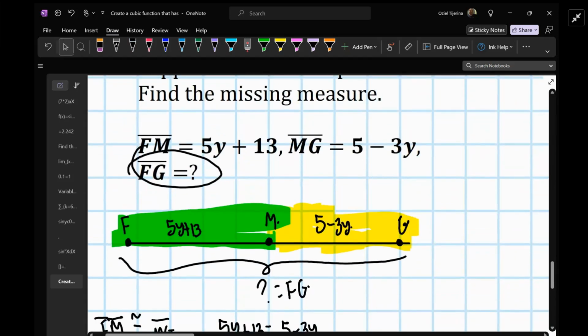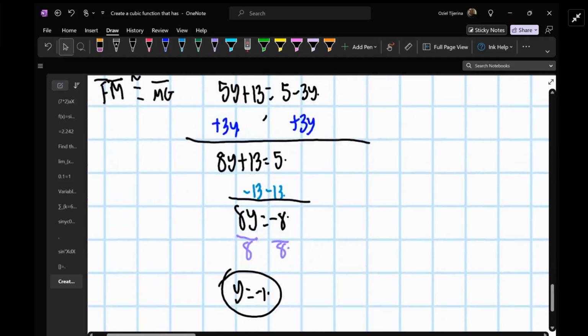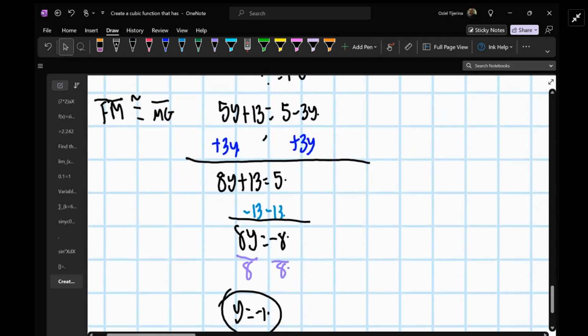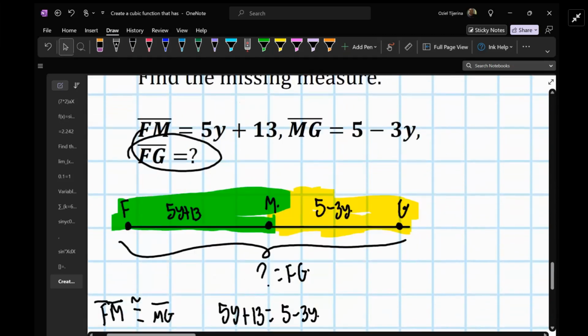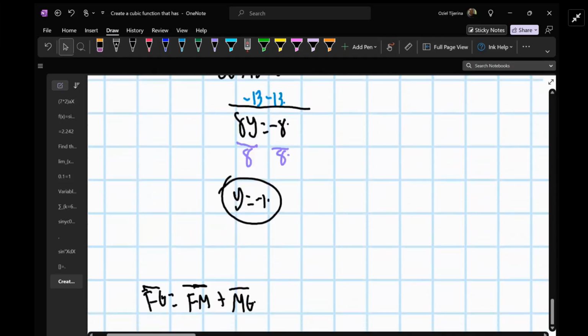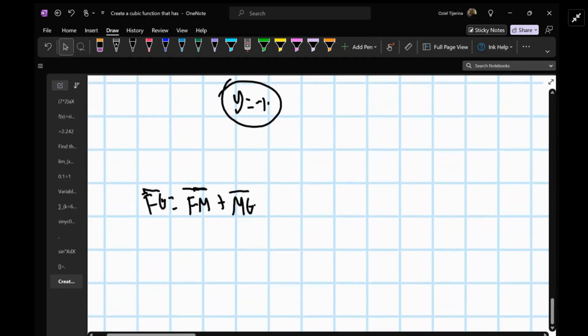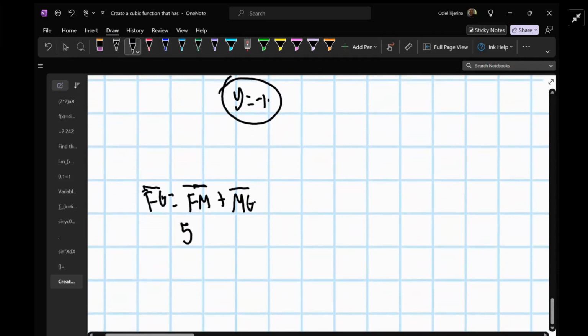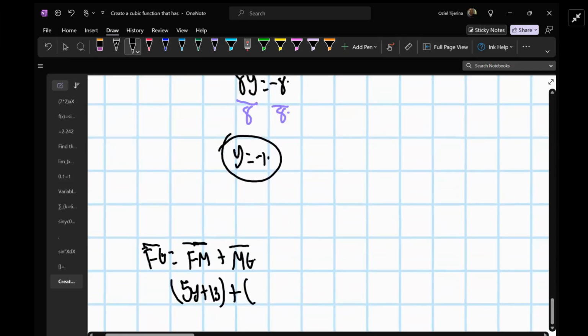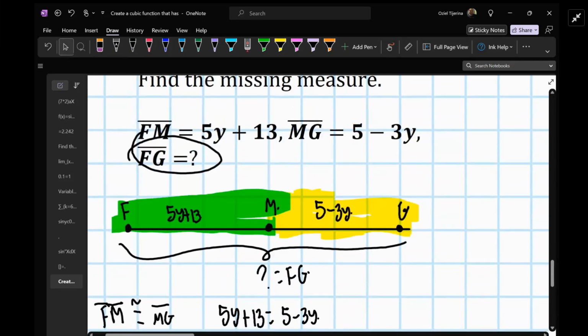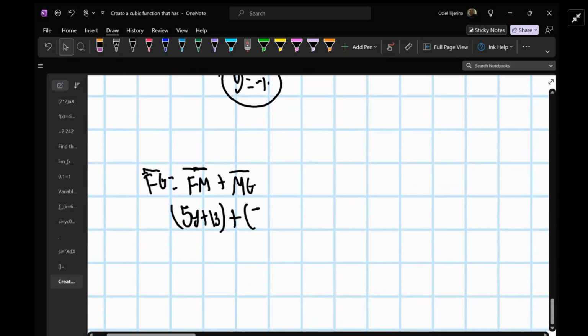Because they all make up FG. So we would just add the two algebraic expressions. FM was 5y plus 13, and then plus MG, which was 5 minus 3y. This is this part, and this is this part. Okay.